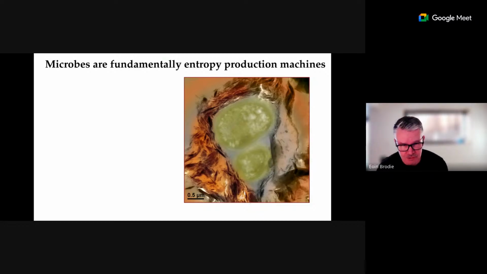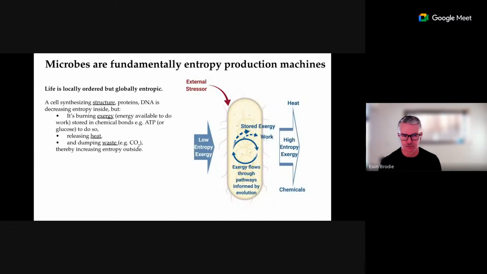Okay, so microbes, like all living organisms, are fundamentally entropy production machines. We and microbes take information and use that information to process energy. That information is stored in genomes. And low entropy chemicals come into the cell, this could be glucose that's been fixed through photosynthesis, for example, as a source of exergy, that's energy that can do work. And the path that takes is informed by evolution.